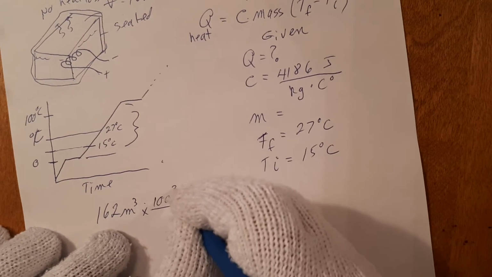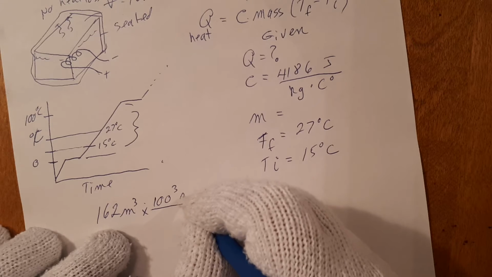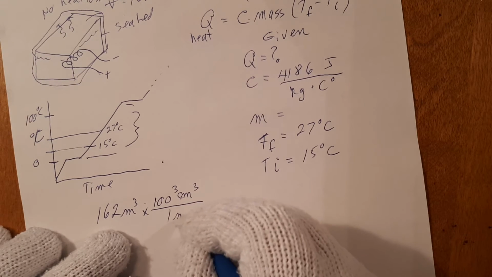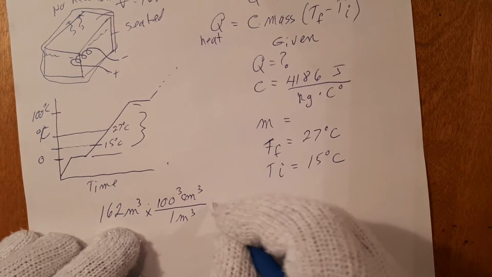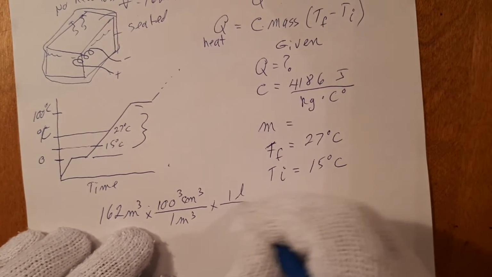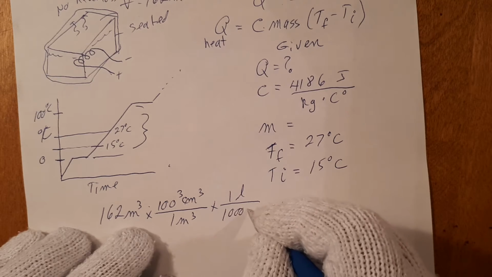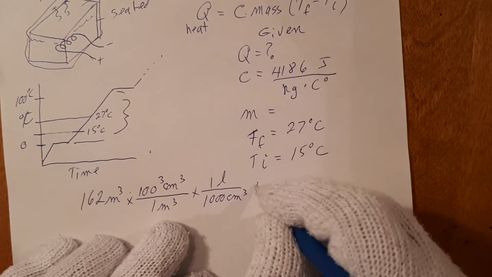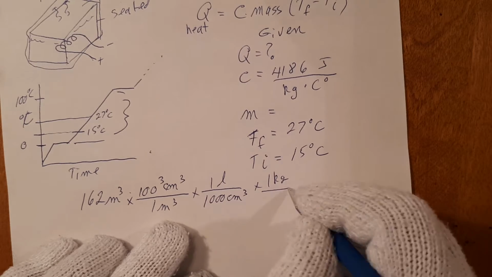I'm going to take a shortcut on this one. 162 cubic meters times 1 liter is to 1,000 cubic centimeters times 1 kilogram is to 1 liter.